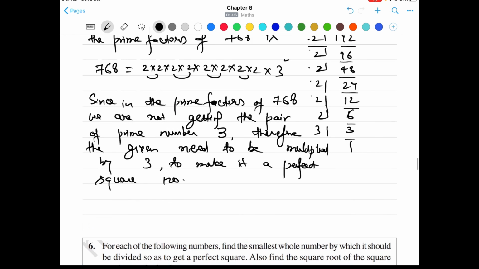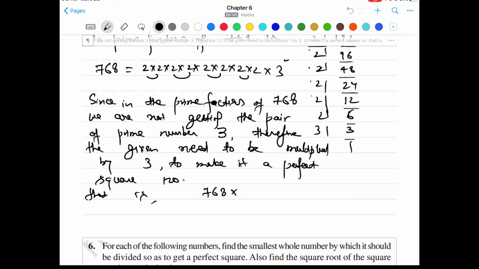That is, the number is 768 multiplied by 3. Let's multiply by 3, we'll get 2304.